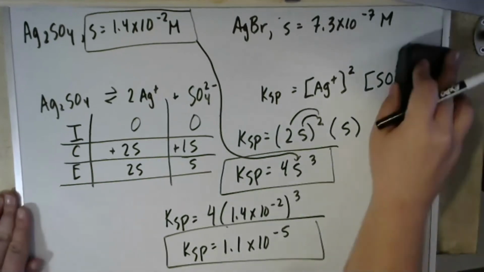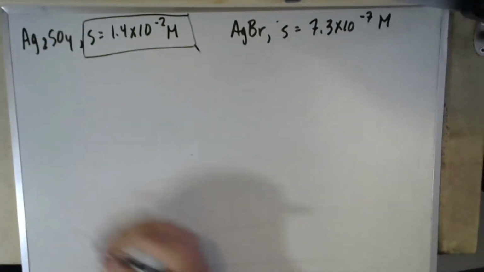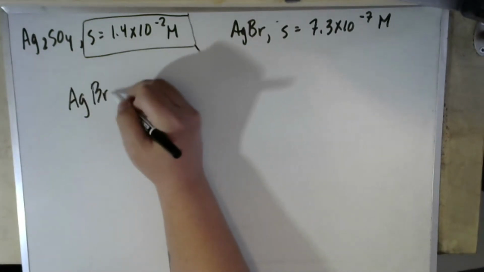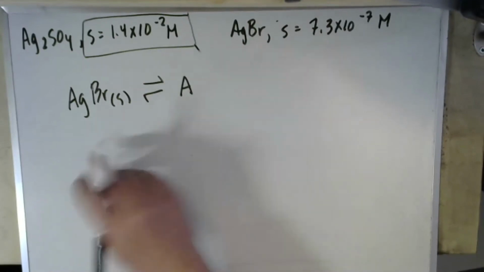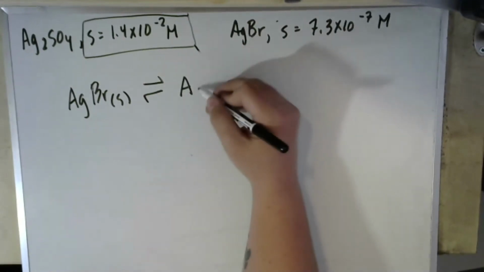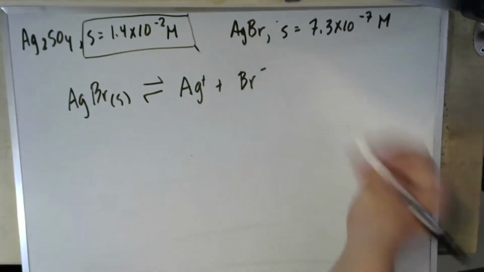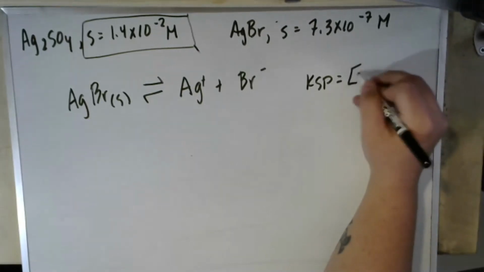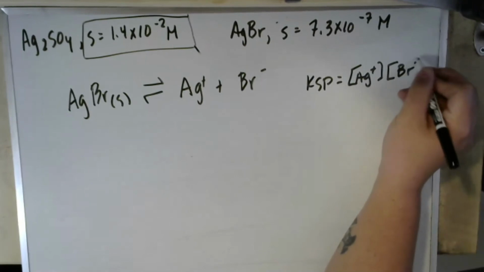All right, let's try one more example of this. We have our AgBr. When this dissolves, it's going to form one of each of these ions. Okay, so our KSP expression is going to be Ag plus times Br minus.